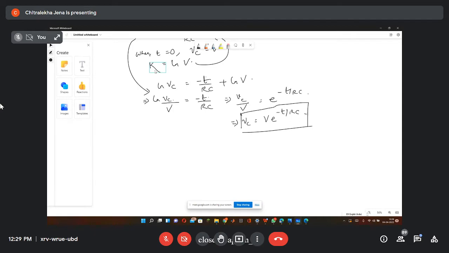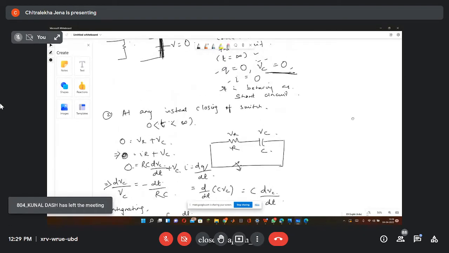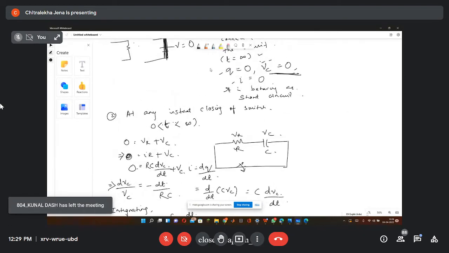It is behaving as an open circuit, yes or no? During the charging, it will behave as open circuit. During discharging, you immediately open the switch. What will happen? It will immediately discharge.